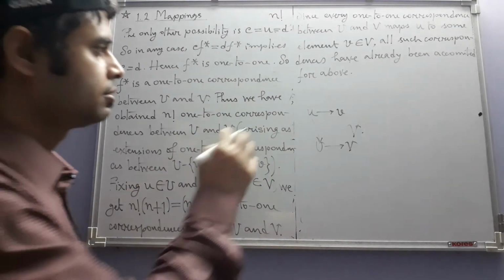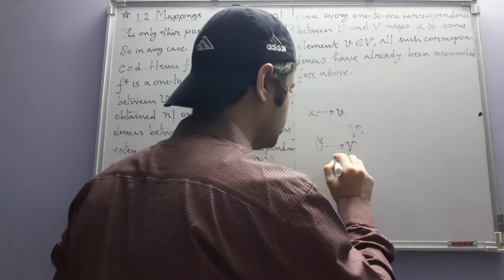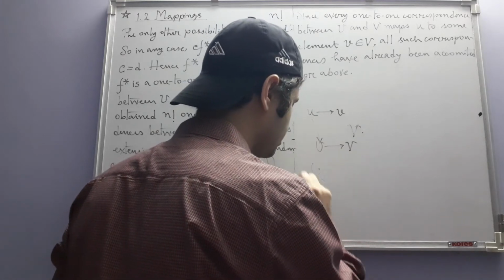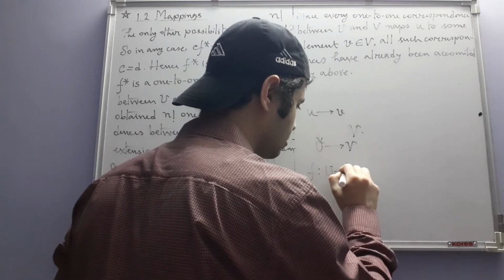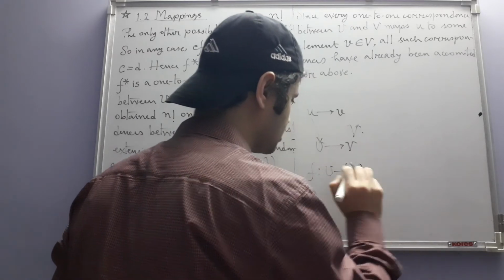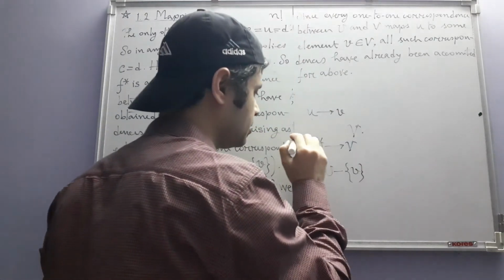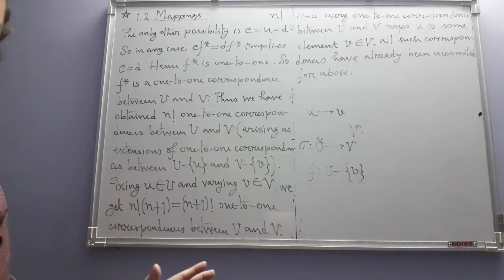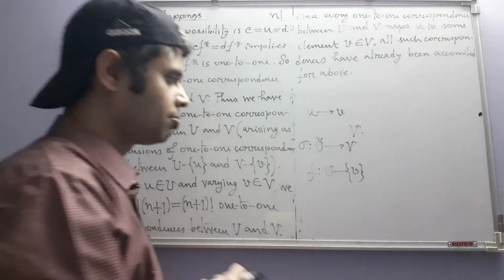Where? Namely in that argument where you have considered mappings or one-to-one correspondences between, suppose this one-to-one correspondence that you have taken here is sigma. I have to make sure that sigma has already been counted here. What do you do?